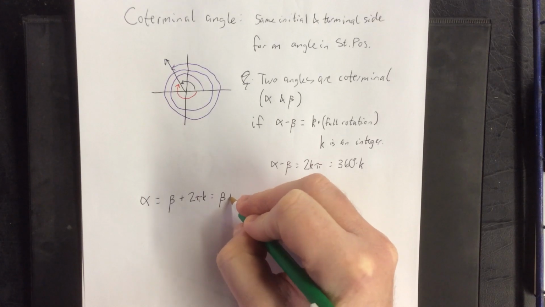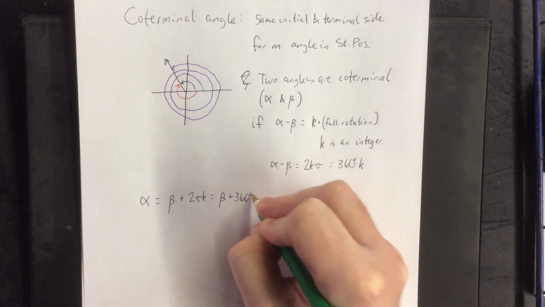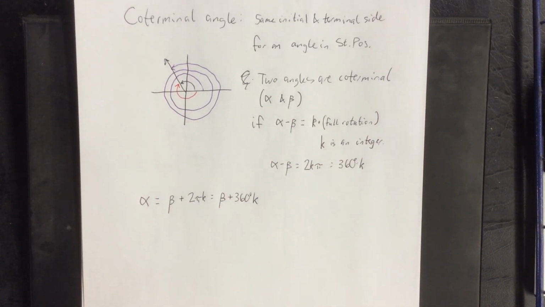Now, I keep saying plus, but integers can be positive or negative, so technically you can add or subtract as many full revolutions as you want, depending on working with degrees or whether we're working with radians.